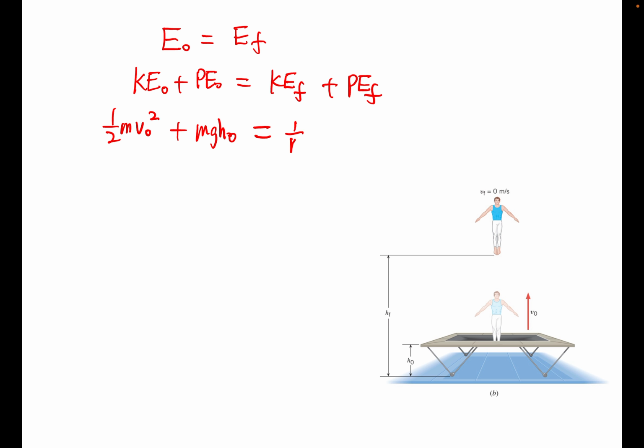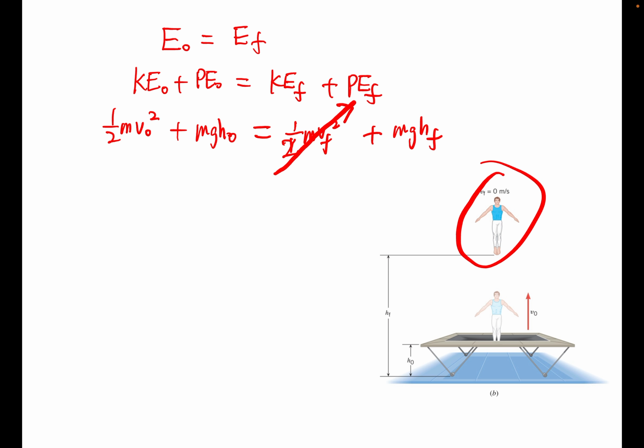Then final kinetic energy and final potential energy. But what's the final kinetic energy of the person at the highest point? At the highest point, the velocity has to be zero, right? So this term is zero.